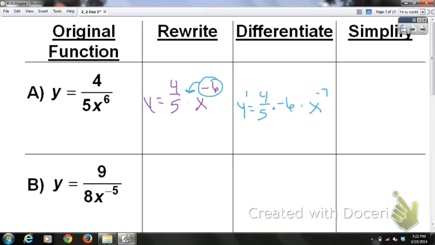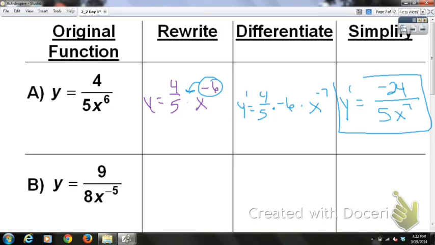Multiply the 4/5 times the negative 6. It's going to give us y prime is equal to negative 24 over 5, and our x to the negative 7th gets moved downstairs into the denominator to be positive. So our final answer, y prime is equal to negative 24 over 5x to the 7th power.